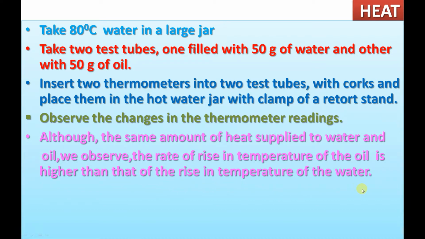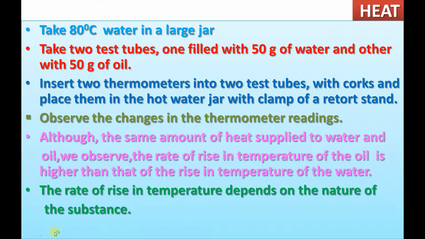So from this activity, the rate of rise in temperature depends on the nature of the substance. What substances have I taken? One is 50 grams of oil, and the other is 50 grams of water. This means the rate of rise depends upon the nature of the substance, which we understood very clearly from this class.